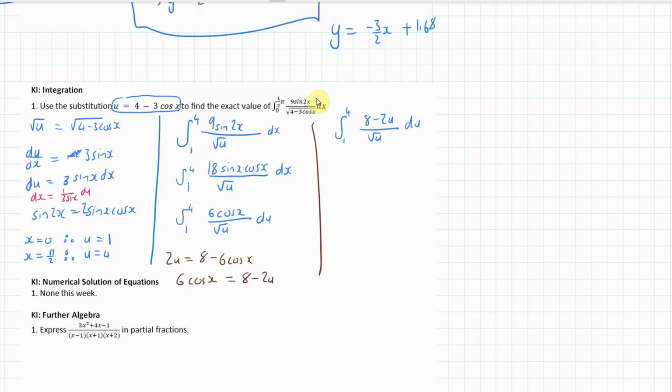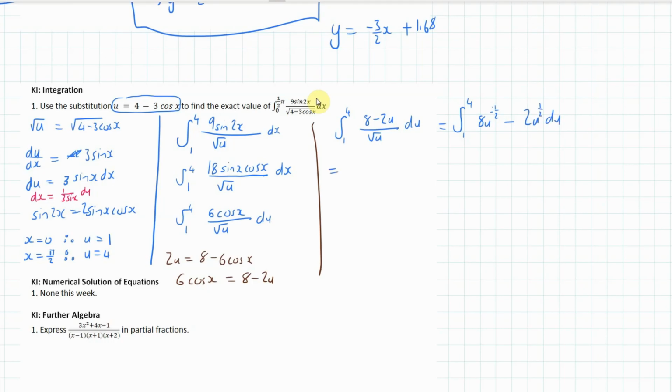Now, all we have to do is, we could simplify it, couldn't we? So we could say that's like 8u to the negative 1/2 minus 2u to the half du.